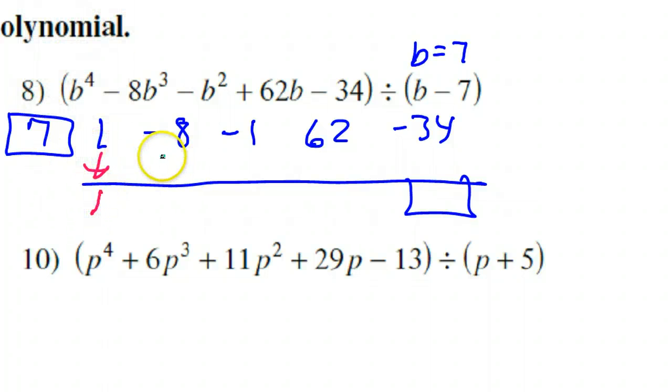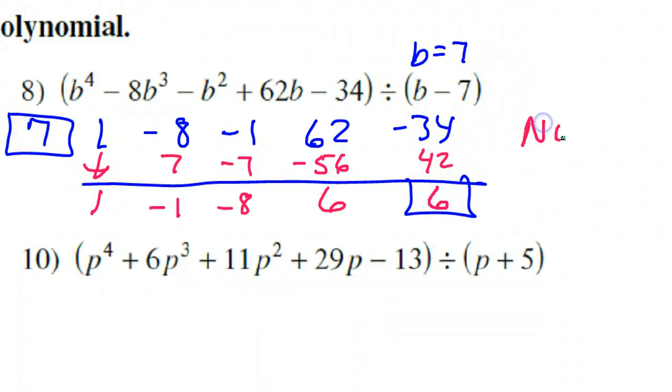Okay, bring it down, multiply, add, multiply, add, multiply, and add. That's 6, multiply, we get 42, and that makes 6. So that means no. This is not a factor because we did not get a remainder of 0.